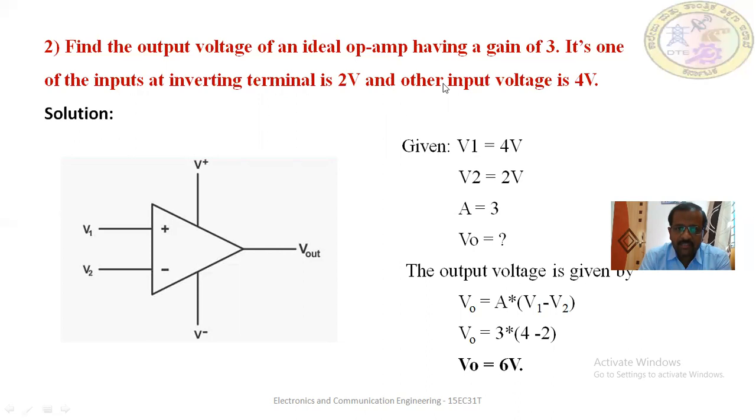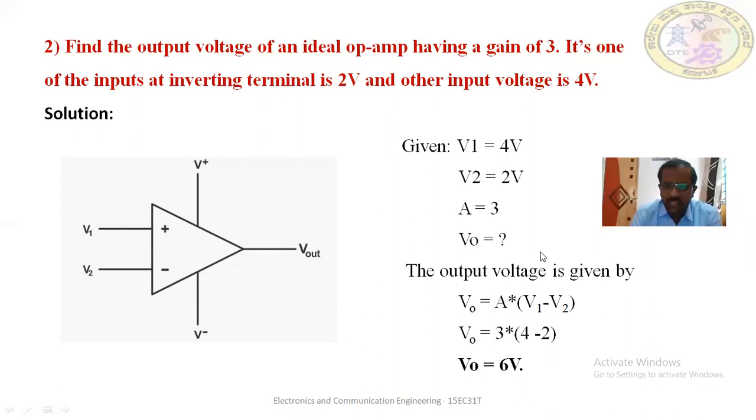The other input voltage is equal to 4 volts. What does the other input voltage mean? That is the non-inverting terminal, represented as V1 here. So V1 is equal to 4 volts.